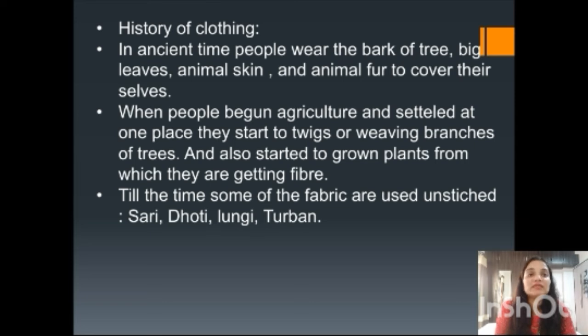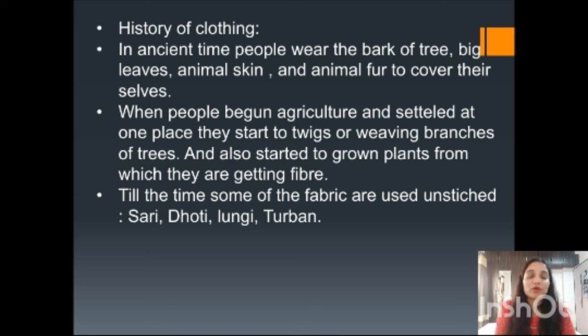When people began agriculture, when they started living near the river bank, they started agricultural practices and settled at one place, and they started weaving twigs, the very thin branches of the trees, and also started to grow plants from which they got fiber. In the starting age, they used to wear whatever they were getting directly, that is bark of tree, big leaves, animal skin, and animal fur.